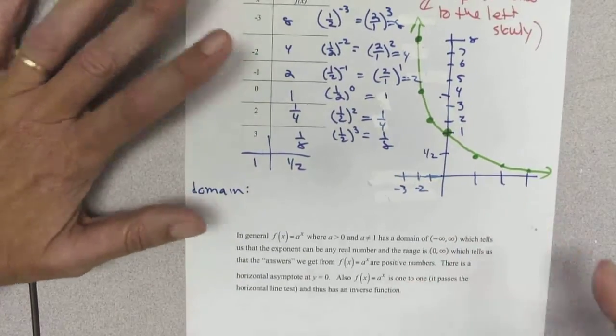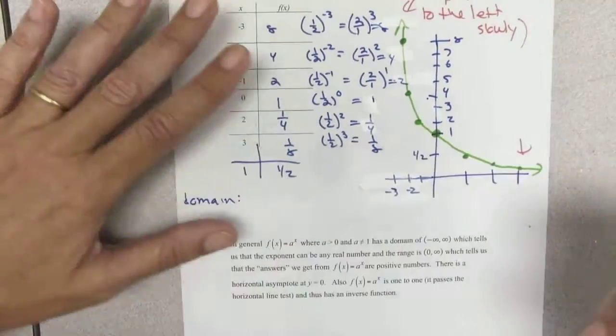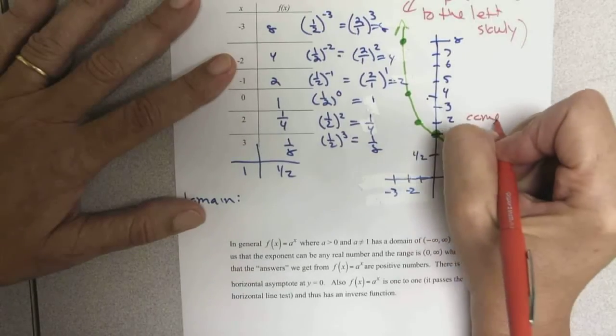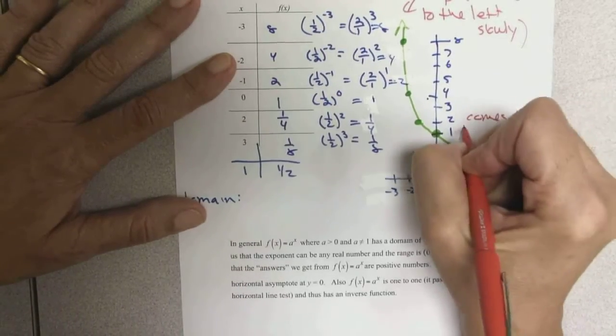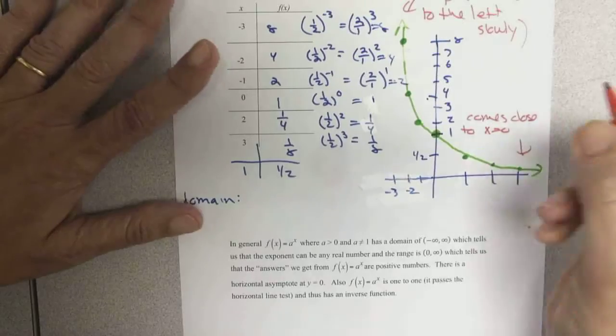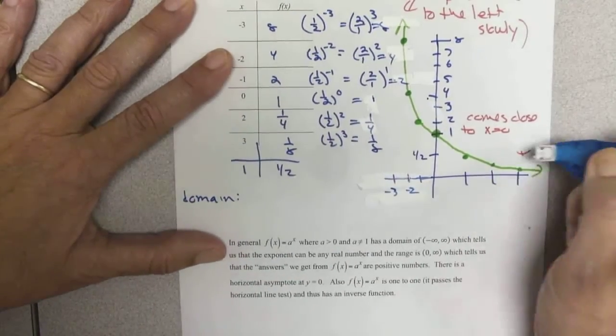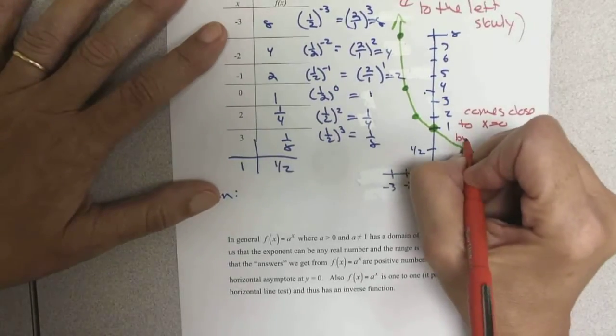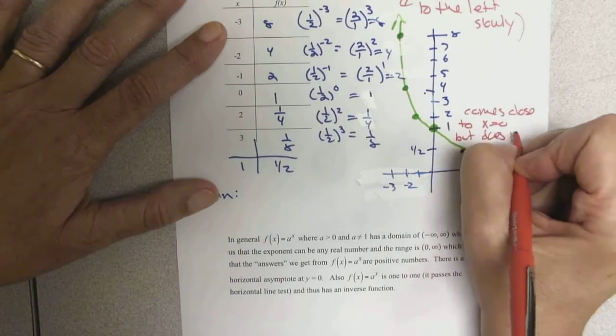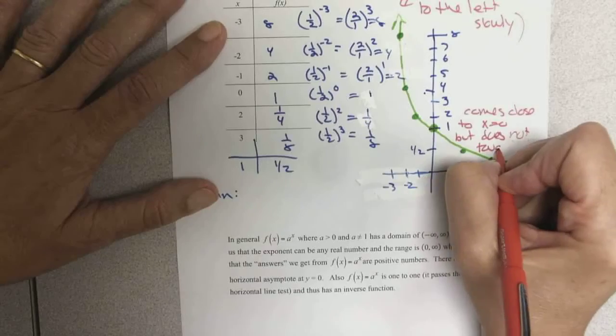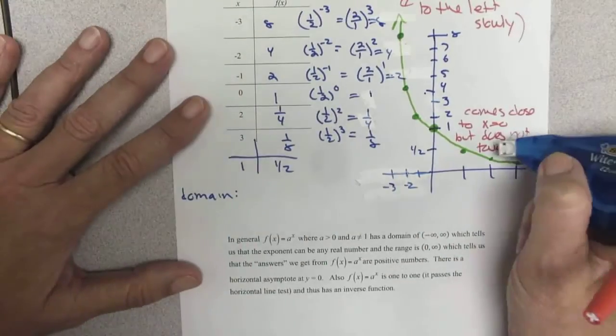And down over here comes close to x equals 0, but does not touch. That says touch, not tough.